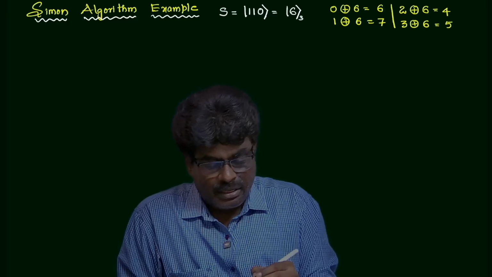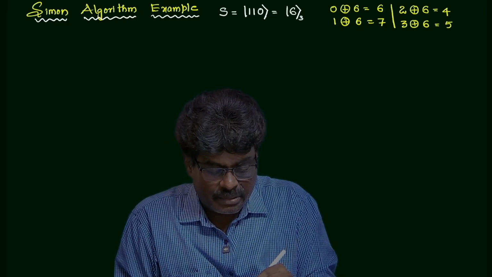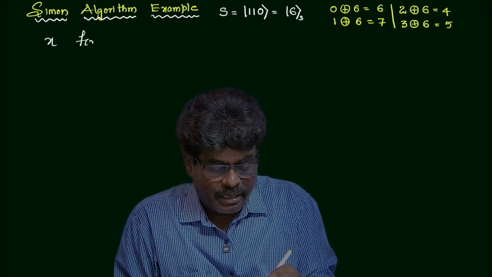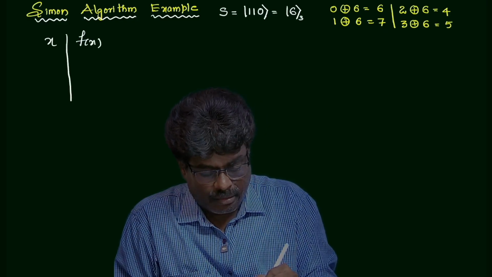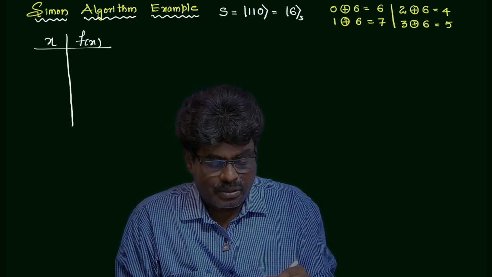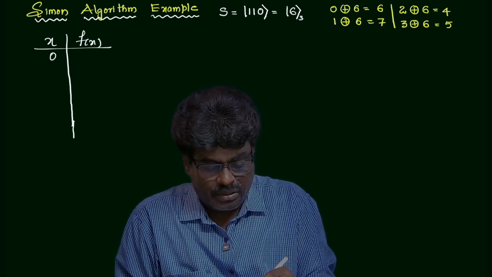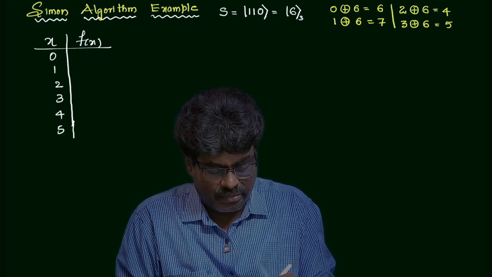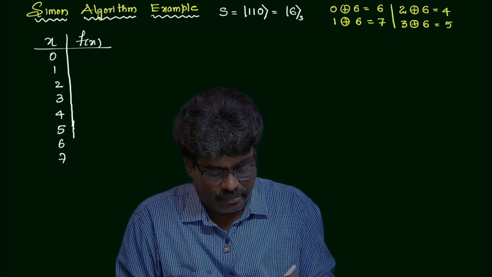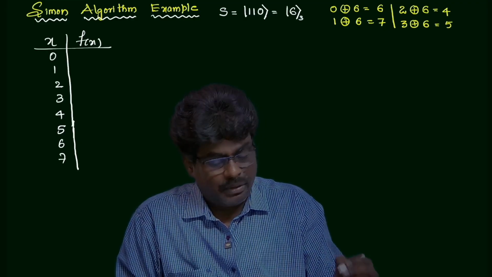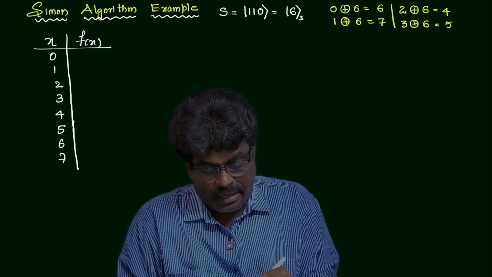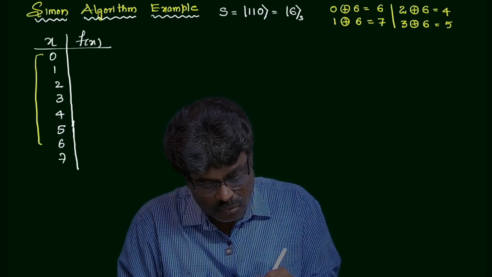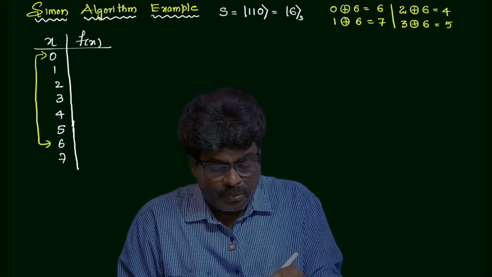Okay, so let us construct this tabular form. This is x and f of x, input and output: 0, 1, 2, 3, 4, 5, 6, 7. Now here 0 and 6 have the same output. I hope now you understand.